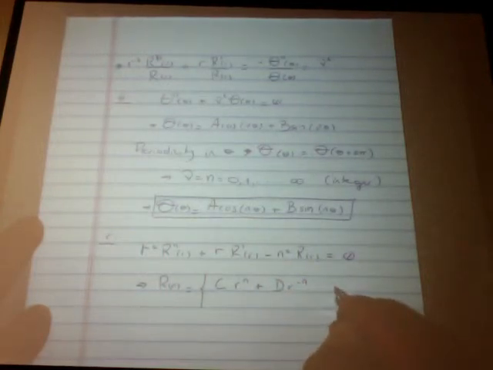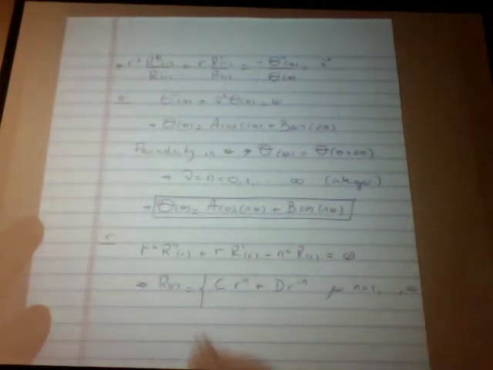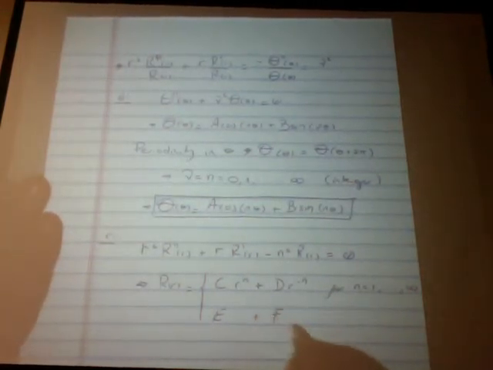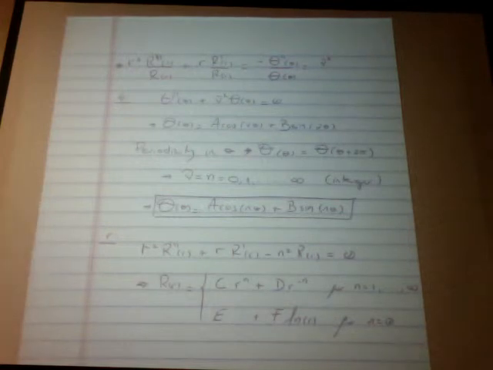That is for n equals 1 through infinity. And I'm going to use different constant names instead of C and D, just to do it appropriately, because they're going to end up being independent of each other. I'm going to call them E and F.